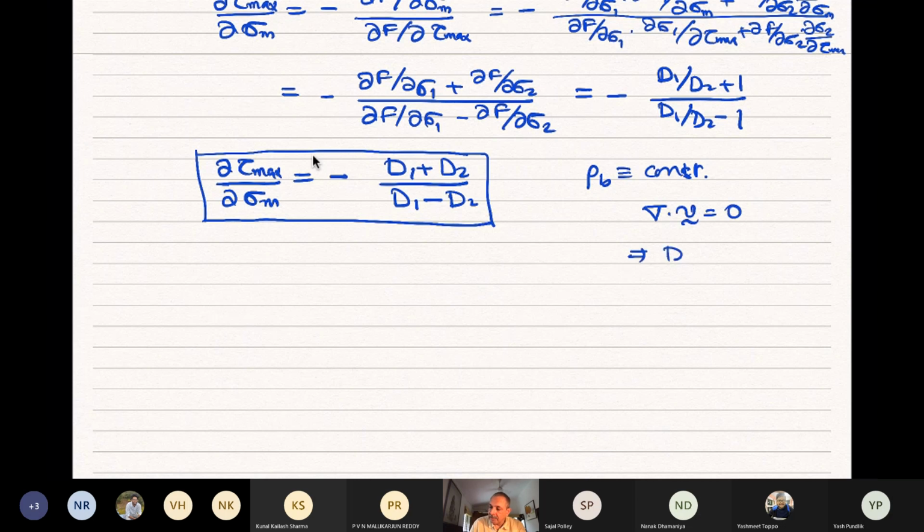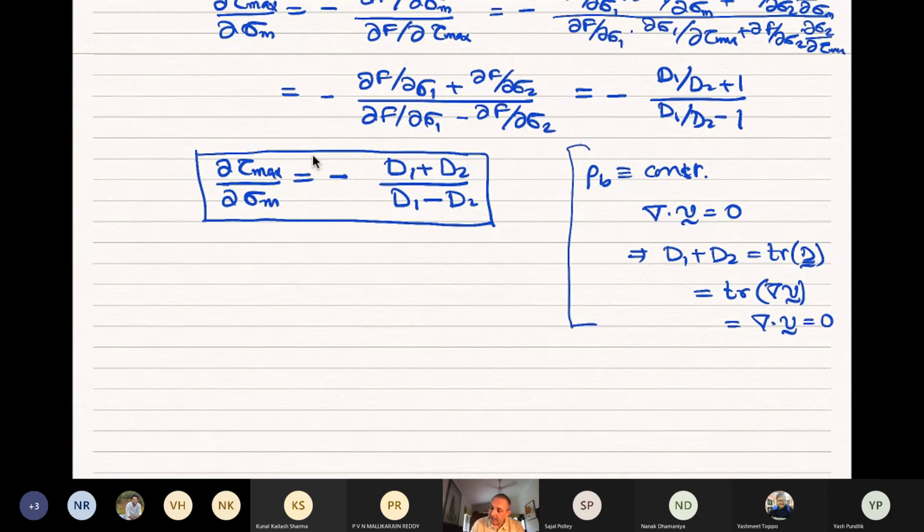And that means that d1 plus d2, which is equal to the trace of d, which is equal to the trace of the gradient of v, which is equal to divergence of v, is equal to 0. So we'll get back the result from the example that we did last time.